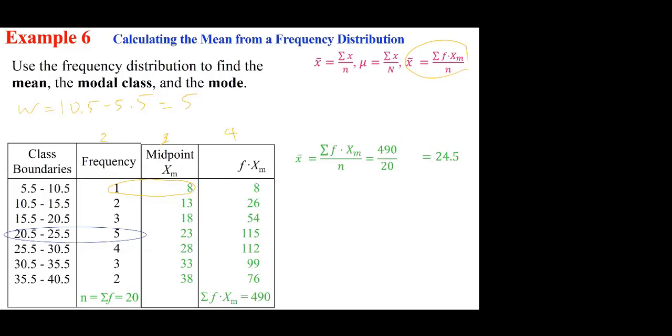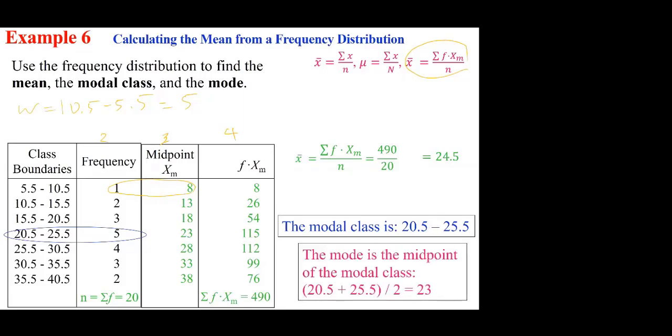So your modal class is that one. Now, what is the mode? Again, what they do, they find the midpoint of that class. We already have the midpoint. So the mode is the midpoint of the modal class. That's how it is calculated.